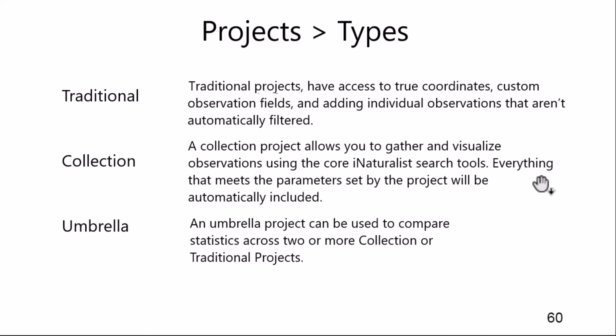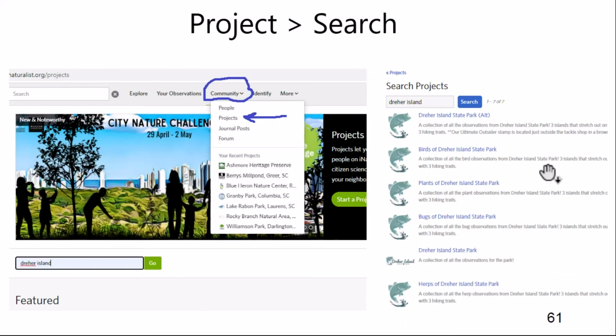That basically means you don't have to know the project exists. If your observation falls within that place, it will show up, assuming the accuracy is okay. And then there's an umbrella project where you can gather up a bunch of collection projects or traditional projects, and I'll show you that in a second.